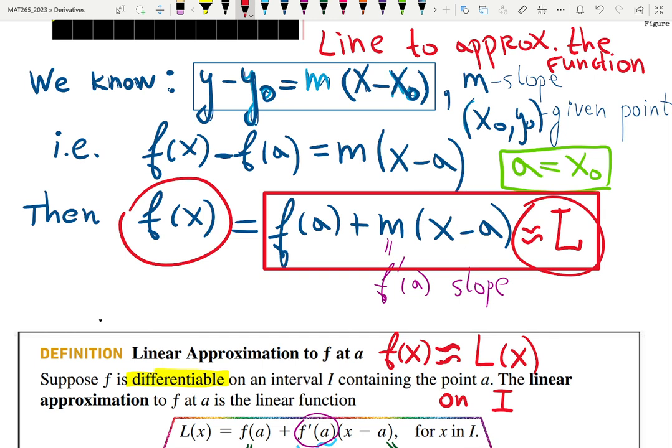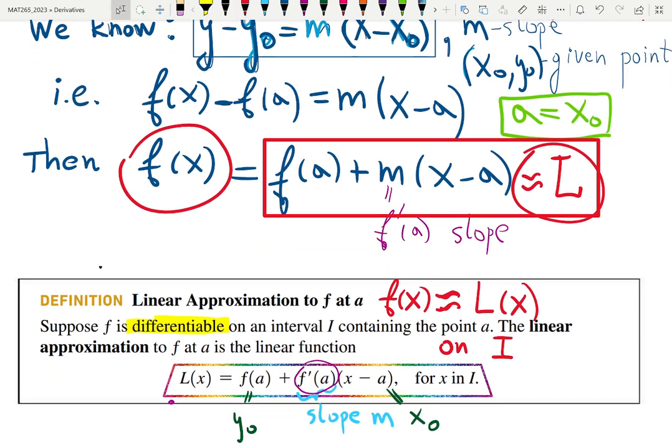Very cool topic. When I was learning it as a student, I did not understand how cool this topic is until I got to graduate school and we started working on this. Yes? What exactly is L? Very good question. Thank you for asking. L is the linear approximation.